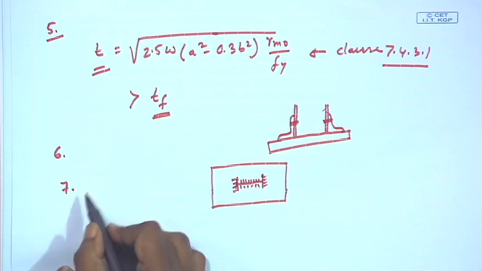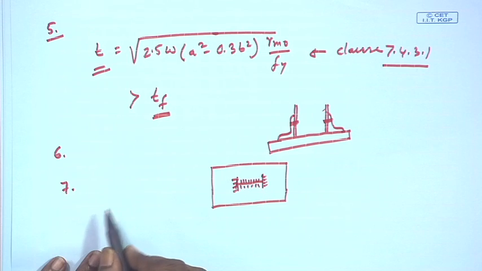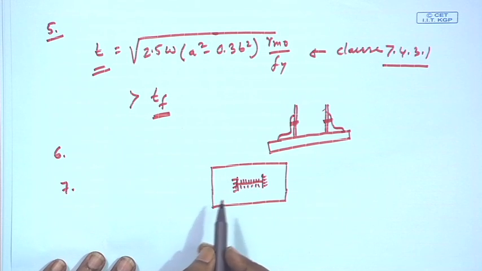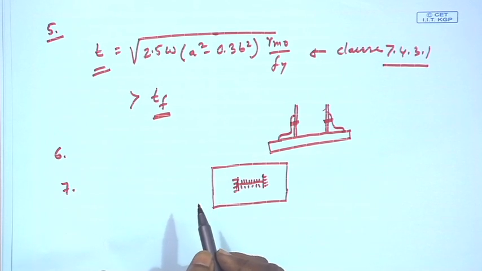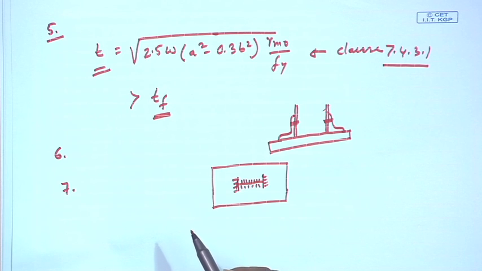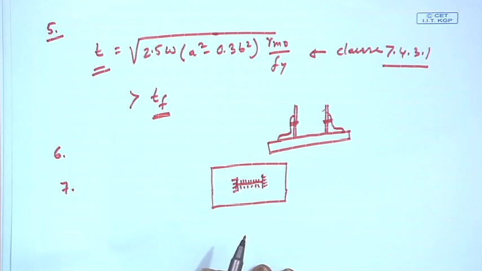From that we can find out the size of the weld and other things, right. So, this is how one can find out the details of the base plate, right.